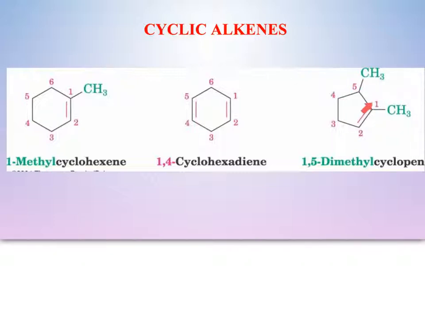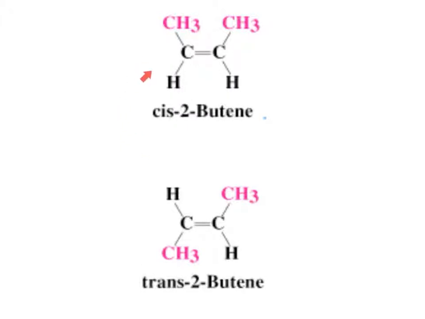Again, we want this to be carbon 1 and 2 because that keeps our multiple bond on the lowest carbons possible. So here we have a 1,5-dimethyl-1-cyclopentene.